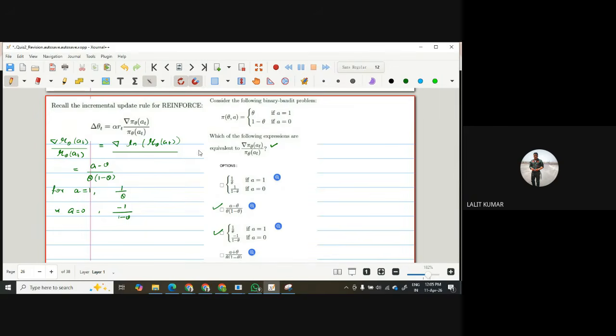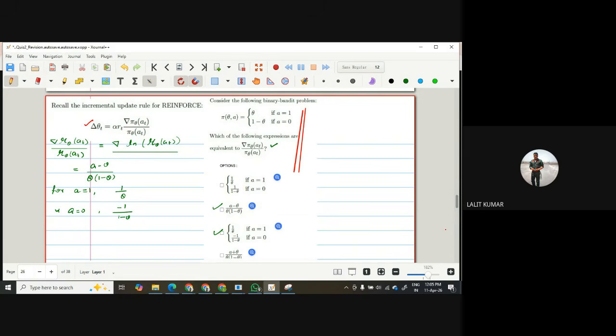From there, the formula came: delta theta t is equal to alpha R(t) into gradient of pi.